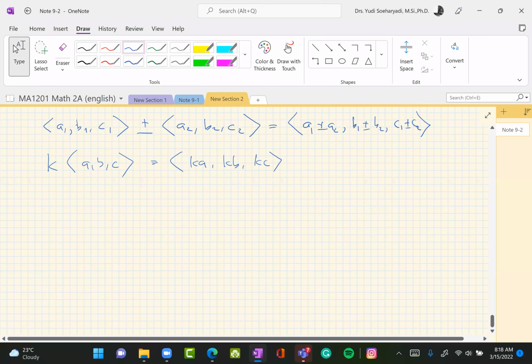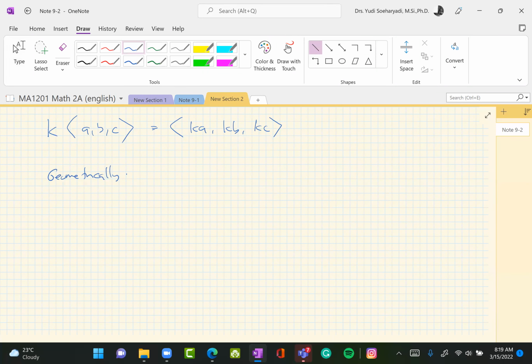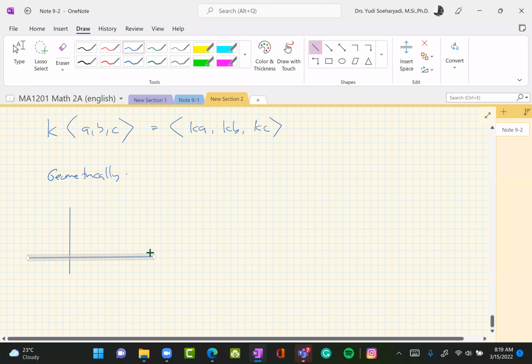And geometrically, this means we have this vector.